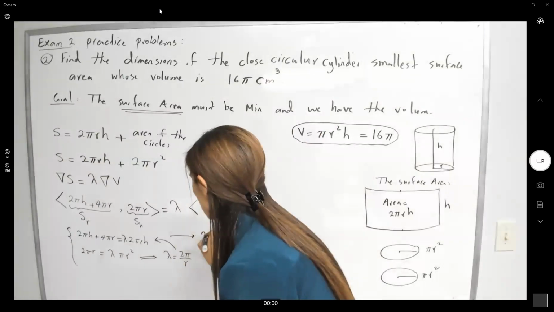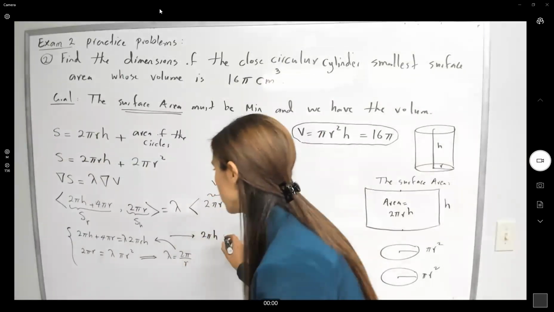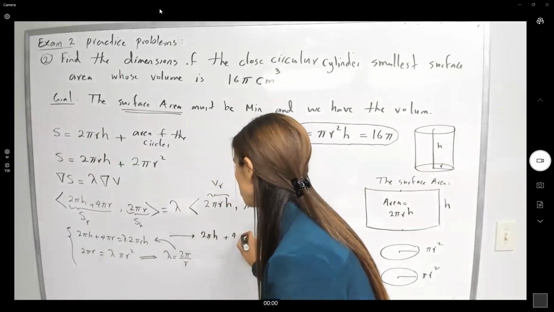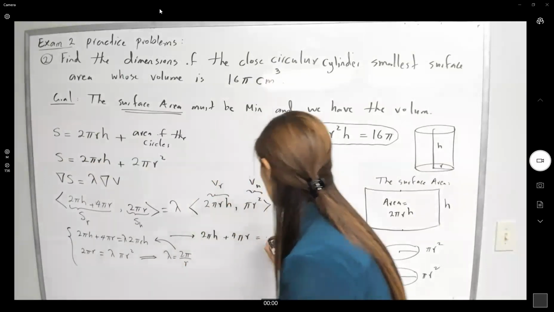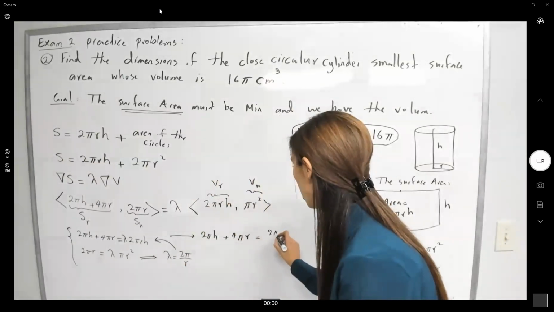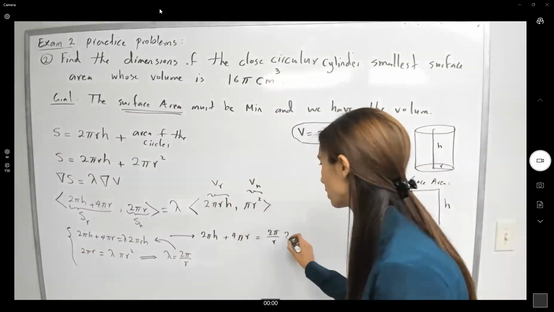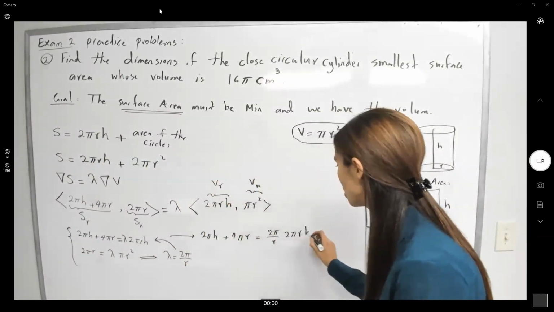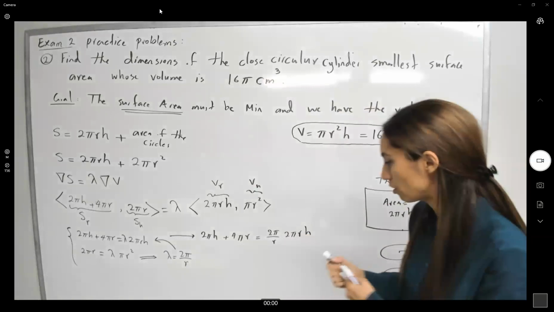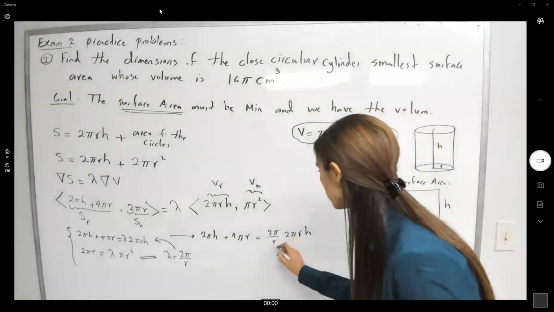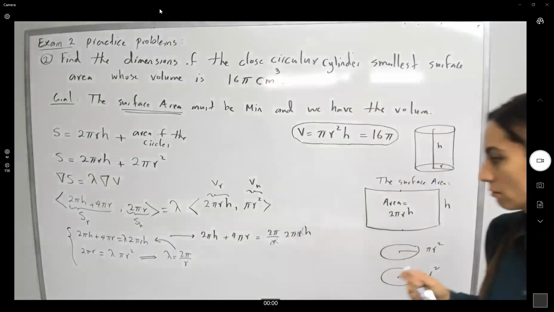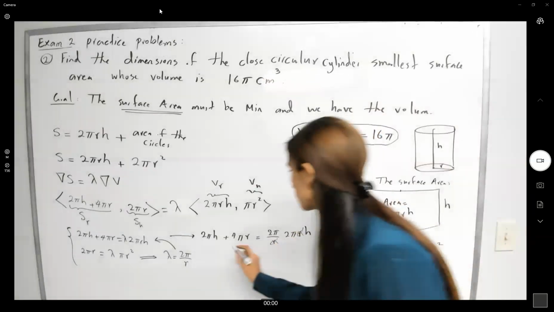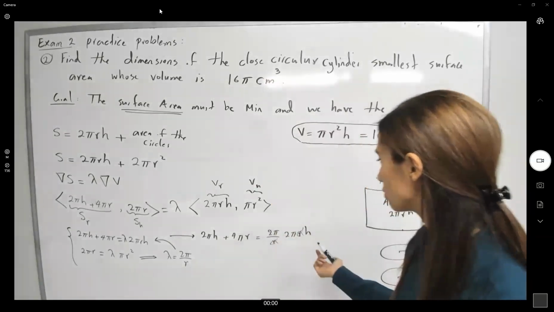So by substitution, you can simplify that to 2 pi h plus 4 pi r equals 2 pi divided by r, and you get 2 pi rh. So as you can see, you can get rid of r and r. No r is left here. So you can just cancel out all of the 2's here.